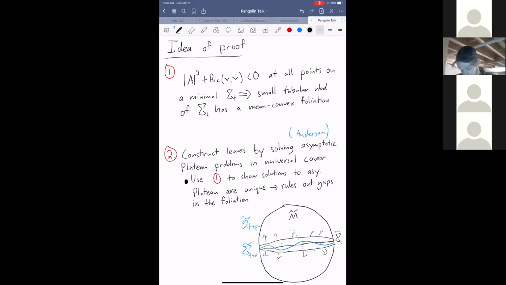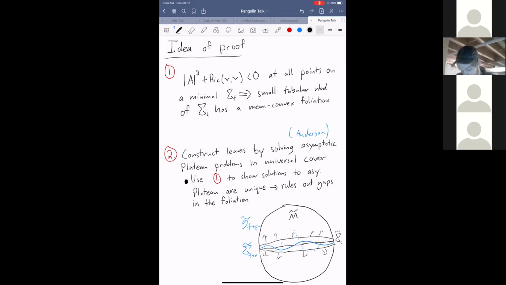Right, and so the key point here is that as these surfaces sigma sub t tilde vary, we want the blue surfaces to vary continuously, okay? And so if uniqueness fails and there isn't a canonical blue surface, that'll break our foliation.